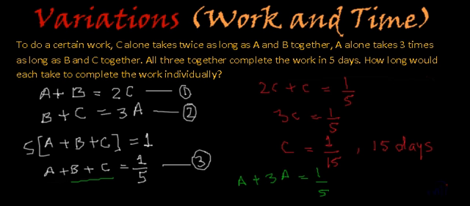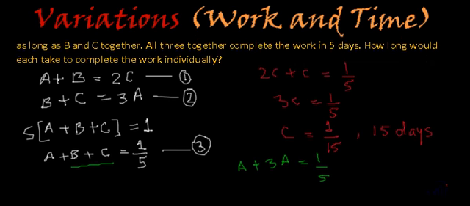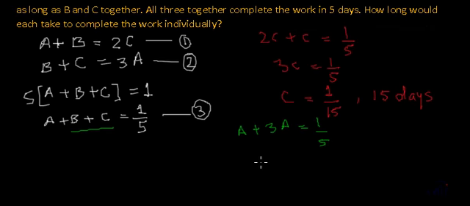We are substituting the value of B plus C from equation 2 into equation 3. And we got A plus 3A, that is 4A, equals 1 by 5. So from here we will get A equals 1 by 20.